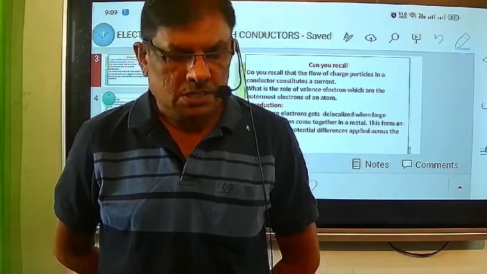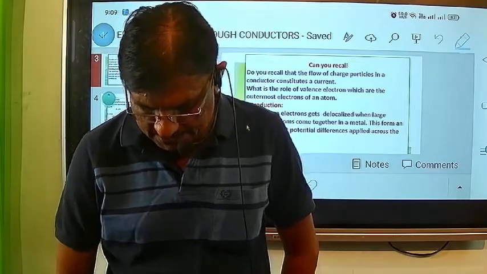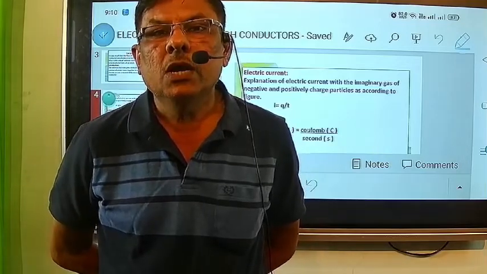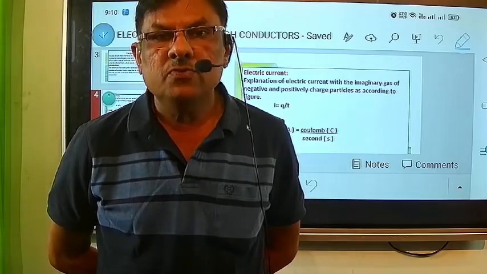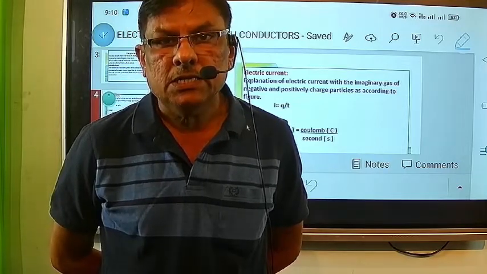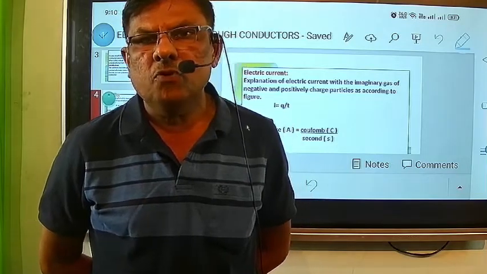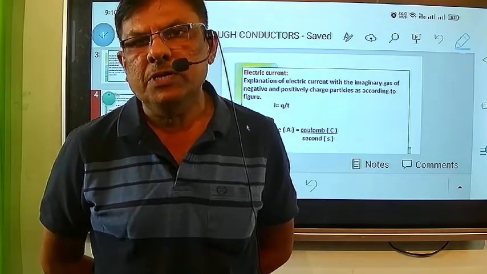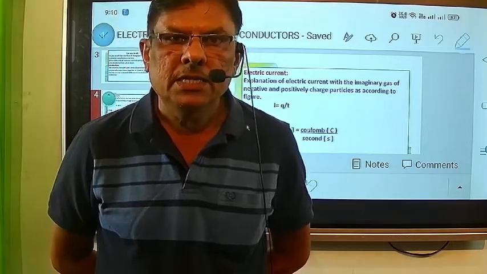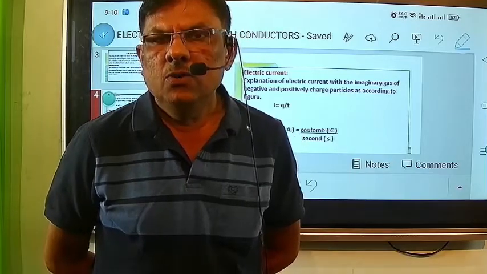So this is the condition when we say that current is not flowing. But when we say that the current is flowing, then what is current? According to the theory, the flow of electrons per unit time is called the current. That is, I is equal to Q by T. What is Q?